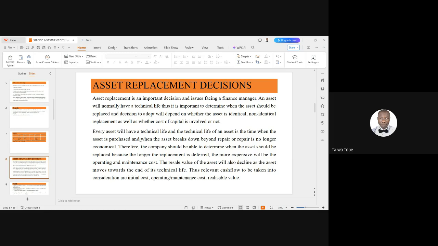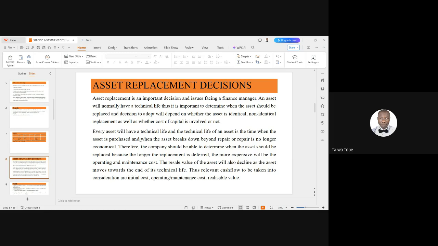We look at the operation and maintenance cost, which increases the longer the asset is kept. And also we look at the resale value, the realizable value, the scrap value. That is money recovered if the asset is sold before it fully wears out. So the decision balances these factors to minimize the equivalent annual cost.